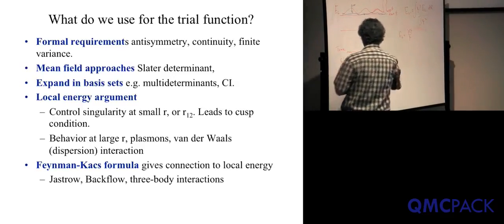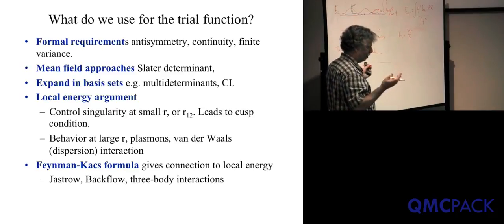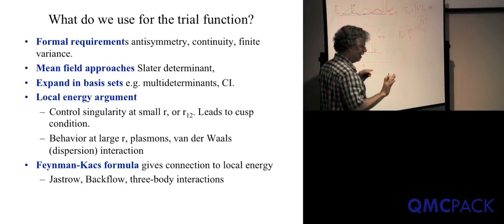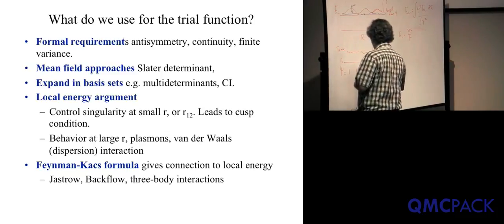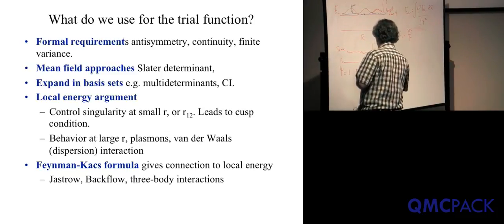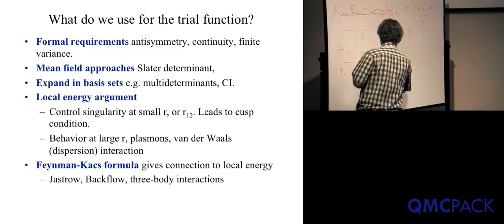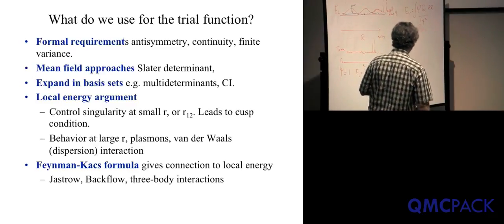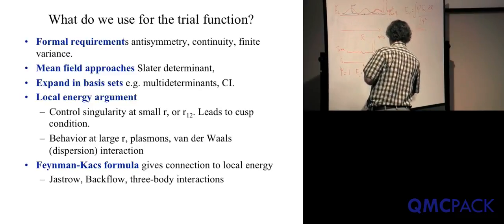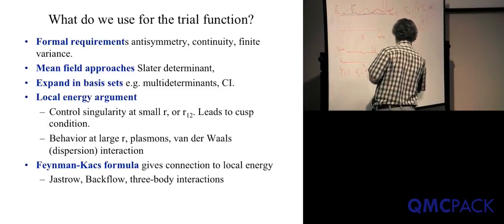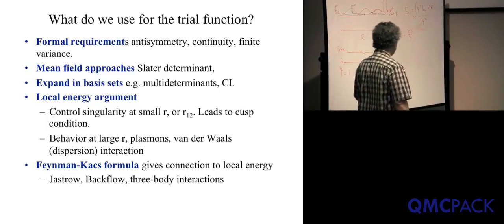So psi equals 1. Let's just do a hydrogen atom, for example. The local energy is H psi over psi, and we're going to deal with the usual non-relativistic Schrodinger equation. So this is minus 1/2 del squared psi over psi plus V, the potential energy.